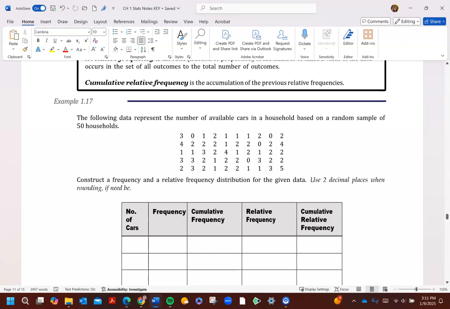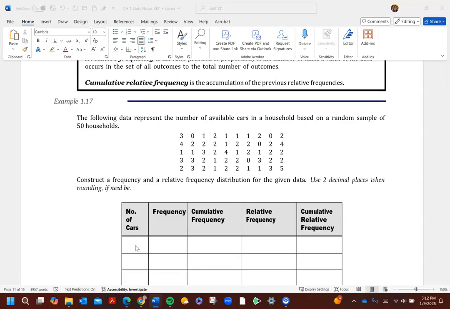So over here we have number of cars, and then the frequency, cumulative frequency, relative frequency, and then cumulative relative frequency. So we're going to fill in over here on the left.